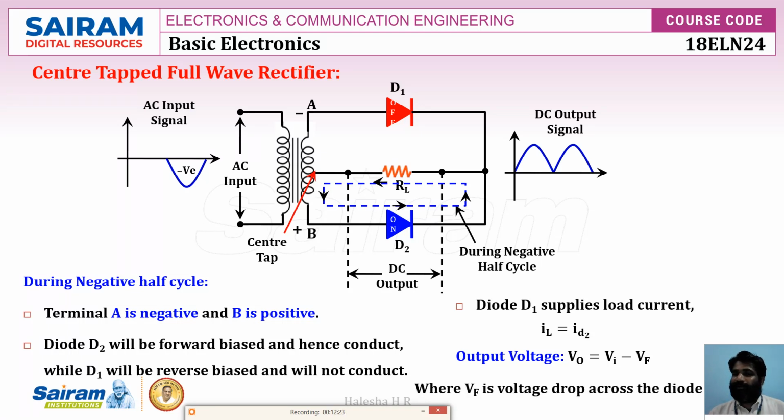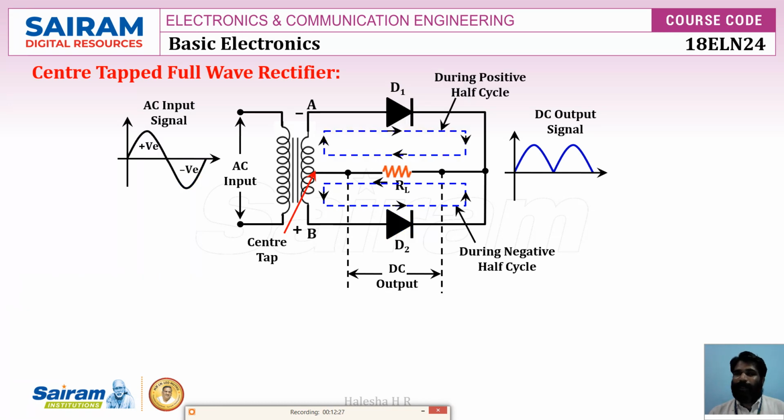Okay, where VF is the forward voltage drop across the diode. Observe, this is the path of positive half cycle current, and this is the path of negative half cycle. Observe the direction is same, hence we have positive in both half cycles.